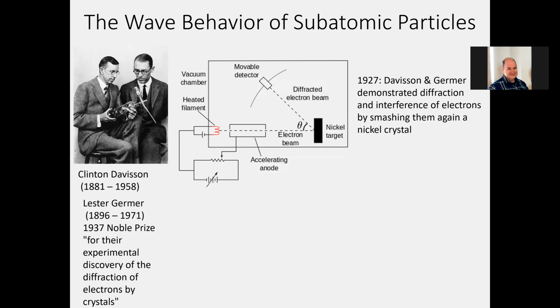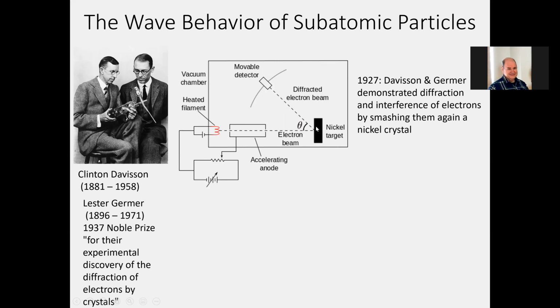Well, if they have a wave-type property, then they would create some kind of a diffraction pattern, an interference pattern, where at some angles you would get a very high number of electrons bouncing off, at a different angle very few, and then at another angle all of a sudden a lot. You would get this pattern of heavy electrons coming this way, almost no electrons coming this way, heavy electrons coming again.